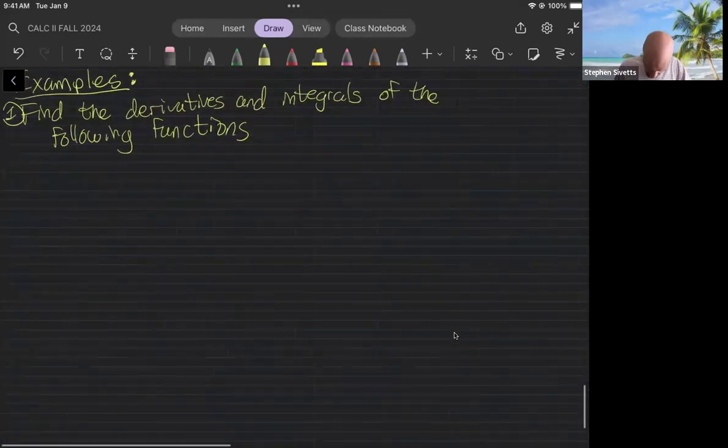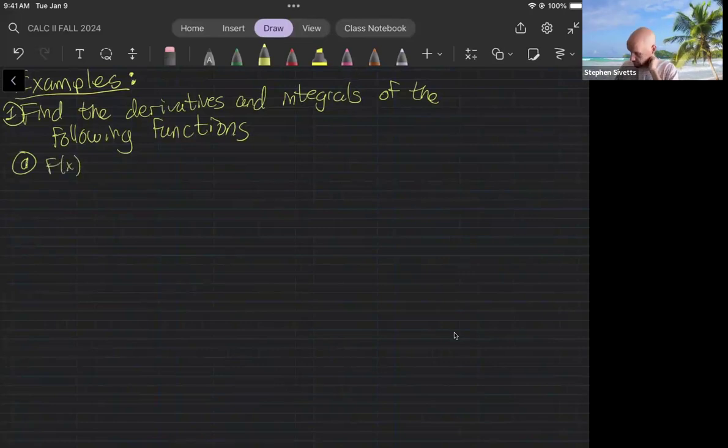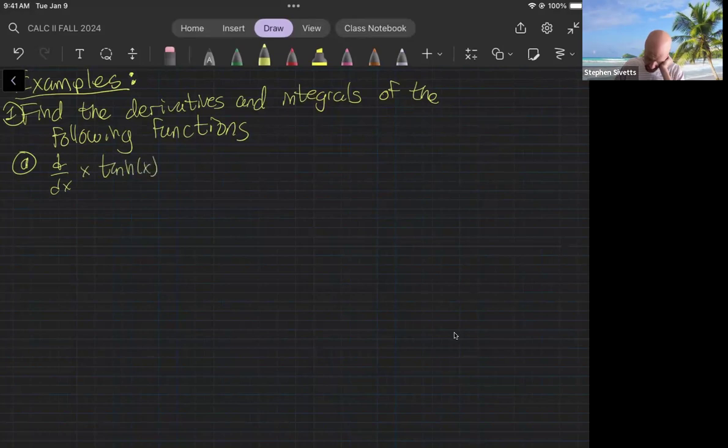So number one, I want you to figure out the derivatives and or integrals of these functions. I want you to figure out the derivative of x times hyperbolic tangent, the inverse sine of tangent.